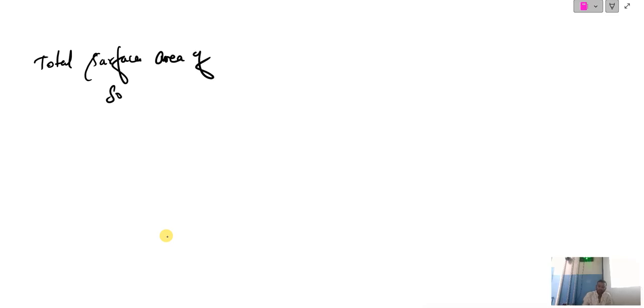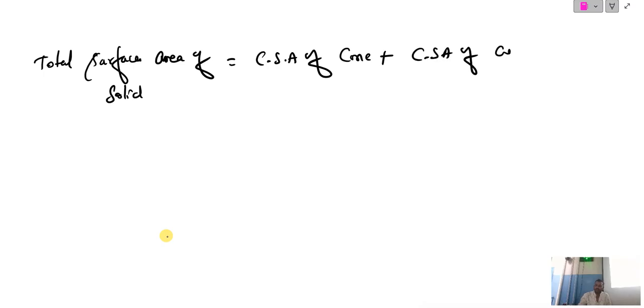Total surface area of solid is equal to curved surface area of cone plus curved surface area of cylinder plus curved surface area of hemisphere.